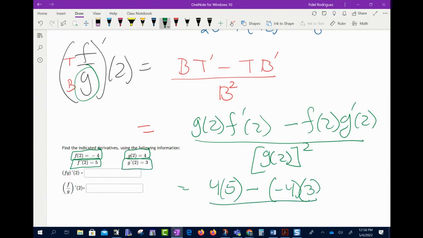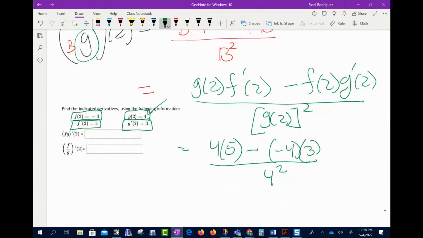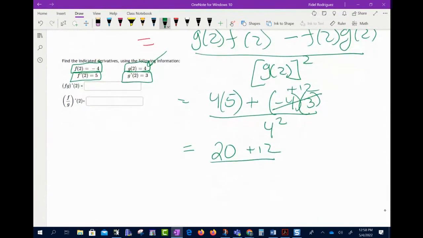Okay. All of this is being divided by g of 2 being squared. So 4 being squared. Okay. So now I'm just going to go one piece at a time. That's a 20. Let's see, that's going to be a negative 12, but with another minus makes it plus, so plus 12. All over 4 squared is 16.